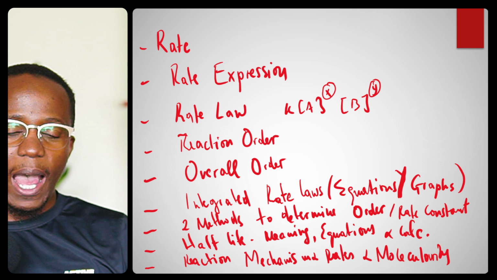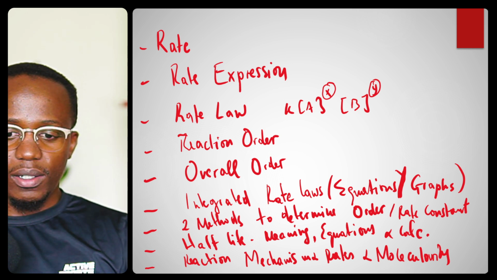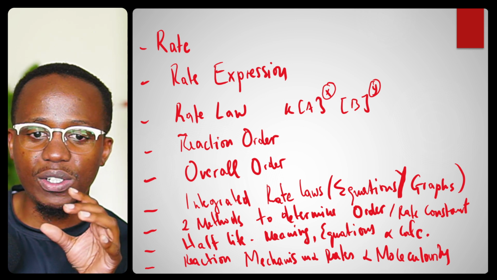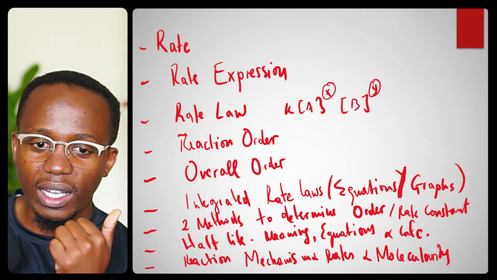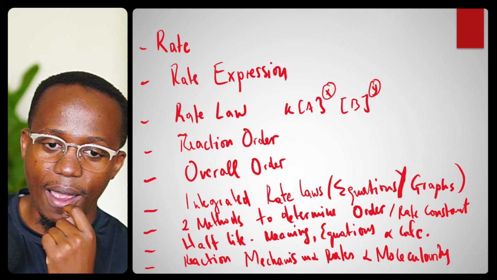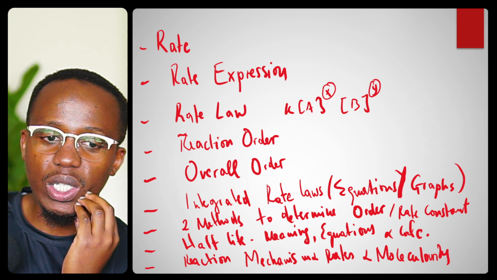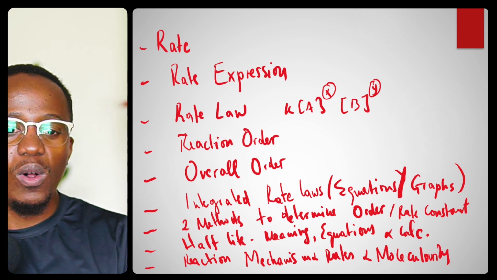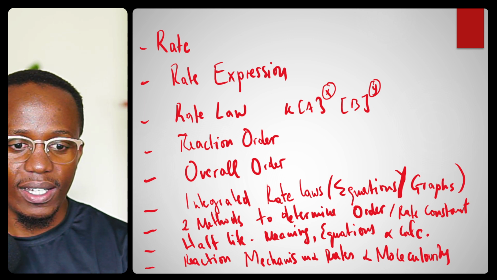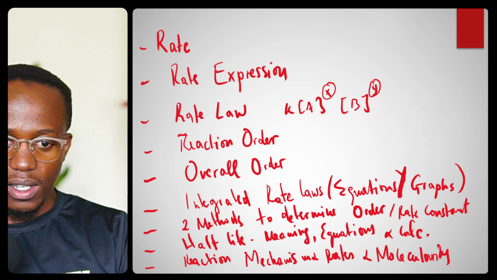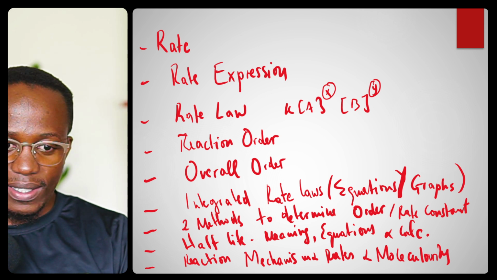Now, something very interesting happens in our body, in nature, because a lot of reactions are very slow. A lot of reactions are very slow in real life, but they end up being very fast. Why? Because we use things that we call catalysts.